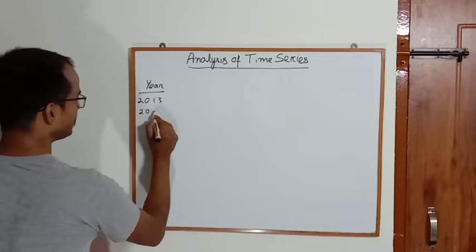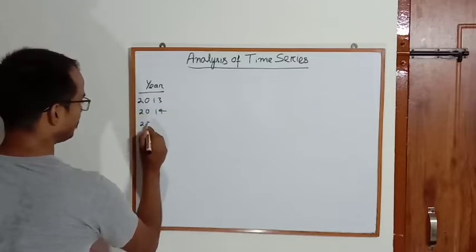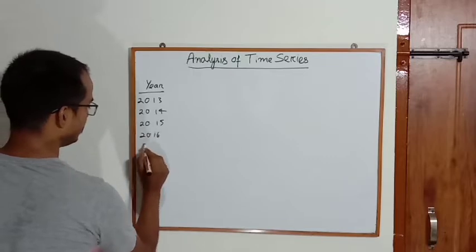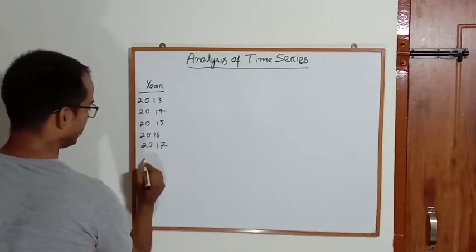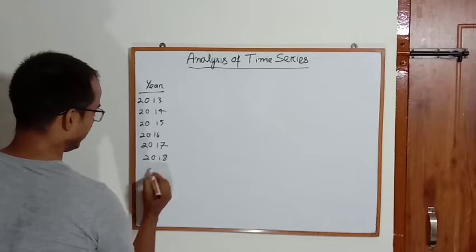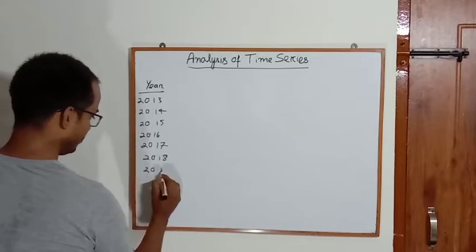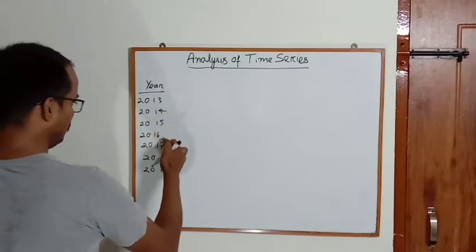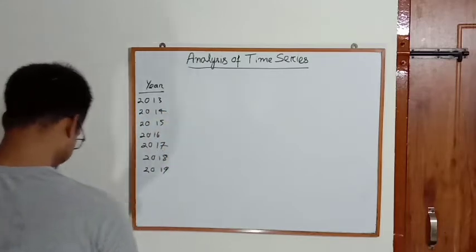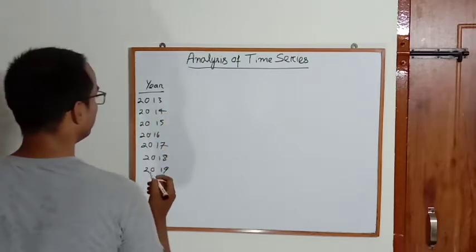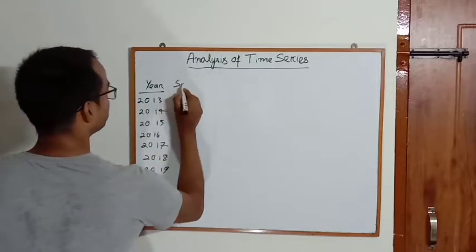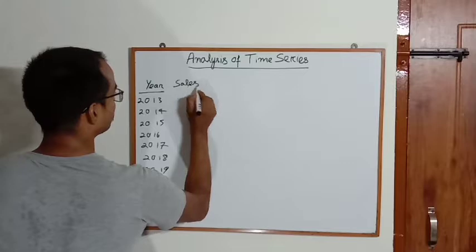2013, 2014, 2015, 2016, 2017, 2018, 2019. 1, 2, 3, 4, 5, 6, 7. Okay. Now, sales.